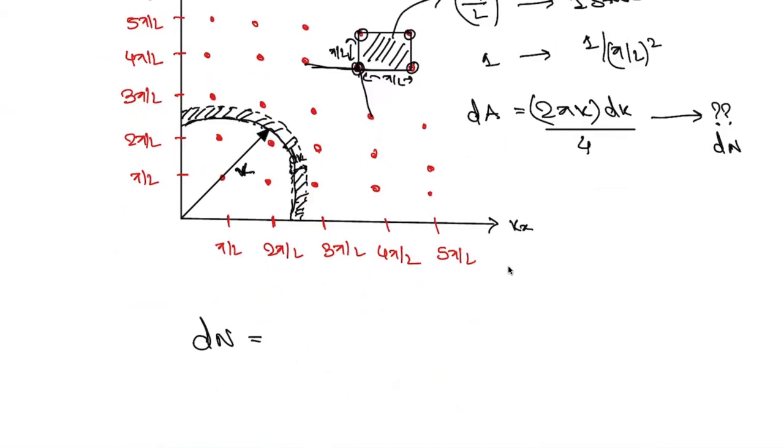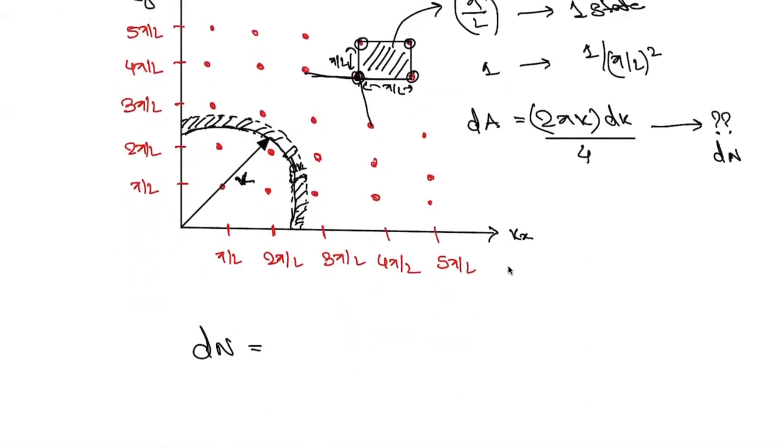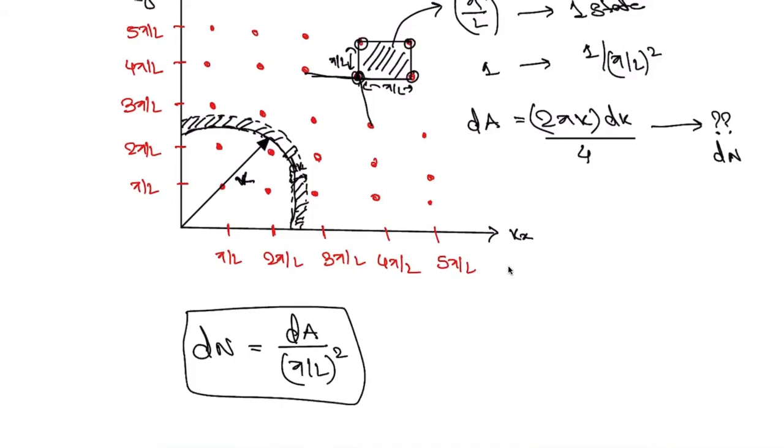Put the value here. Let's find the value of k and dk. So simply dA by pi by L square. This we have to find. As simple as that. This is the relative state. According to this, put the value of dk.